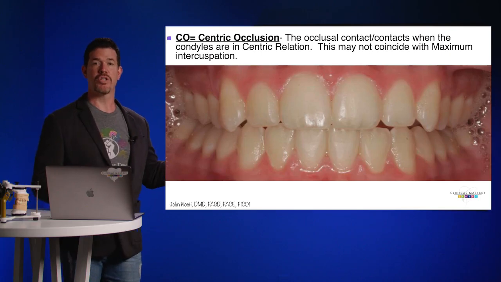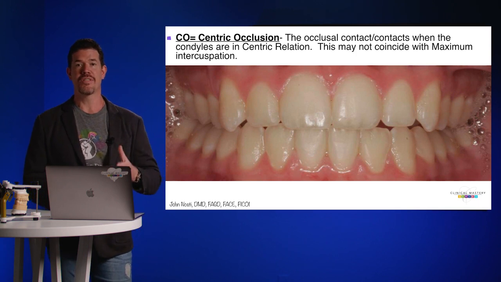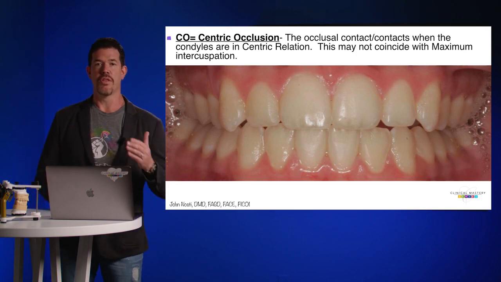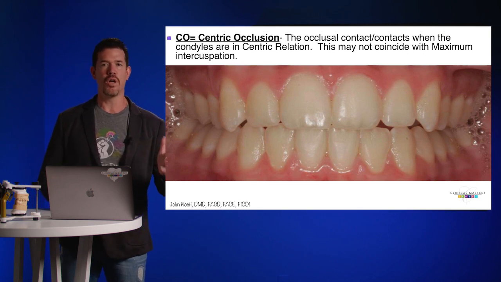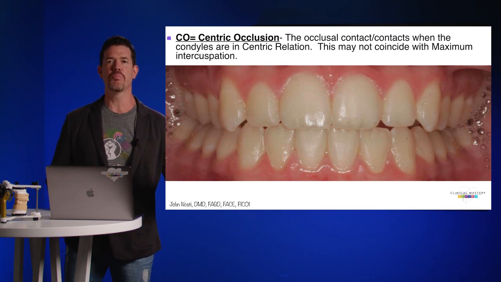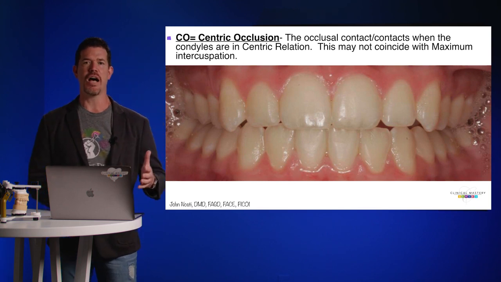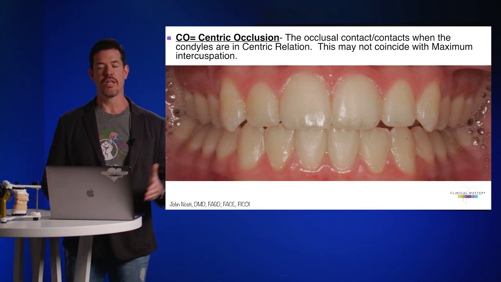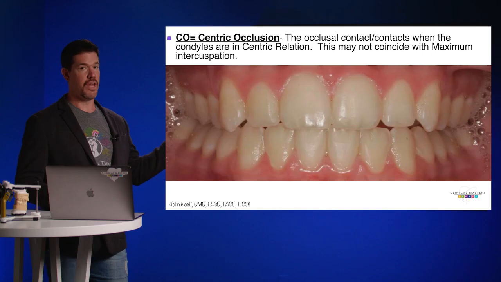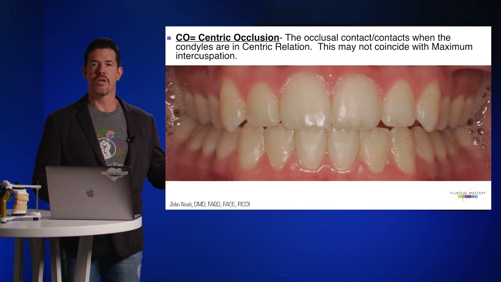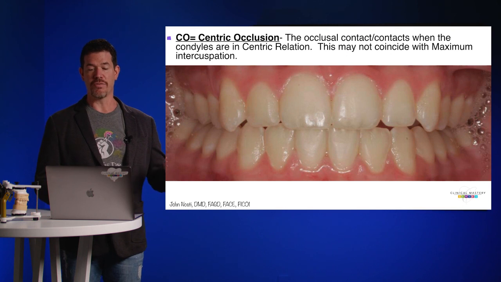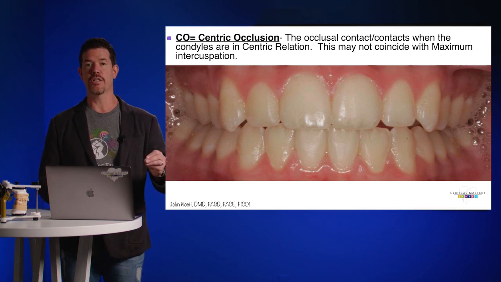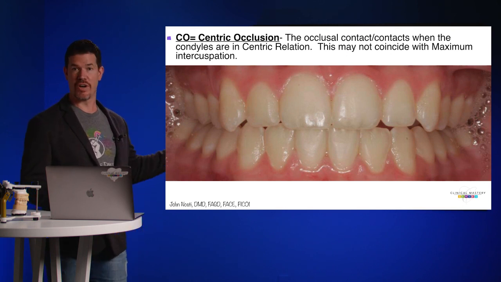Now we look at this patient here on the screen. Now this is centric occlusion. This is where the condyles are in centric relation and we have 1, 2, maybe even multiple teeth touching while the condyles are in centric relation. That is centric occlusion. But we can see on this patient, not all of their teeth are fully together. So on this patient, we have a centric occlusion that's different to maximum intercuspation, like we see the patient right here.